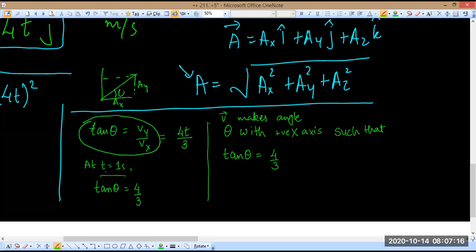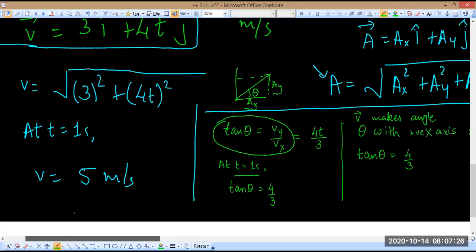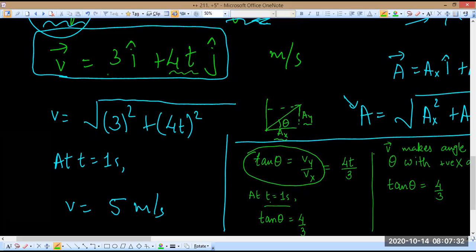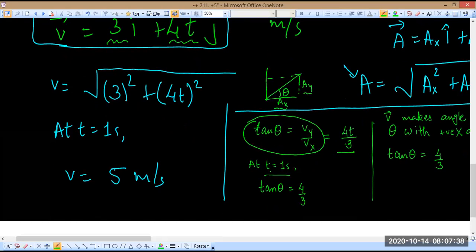We can draw a triangle like this and call this theta. So tan theta is going to be Vy upon Vx. And we have just put these values. What is the value of Vy? It is 4t. And what's the value of Vx? It is 3. So I've put those two values here and we get 4t by 3.